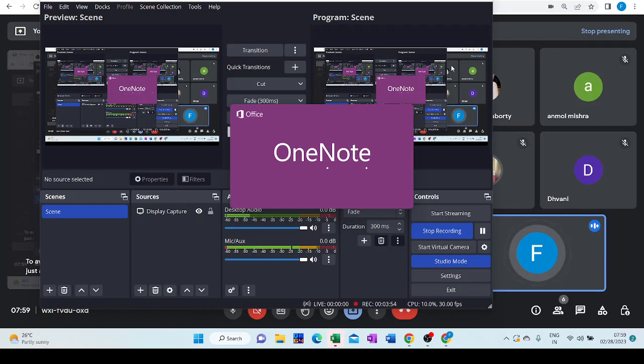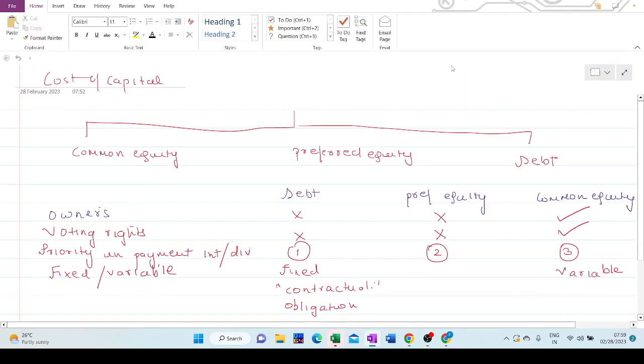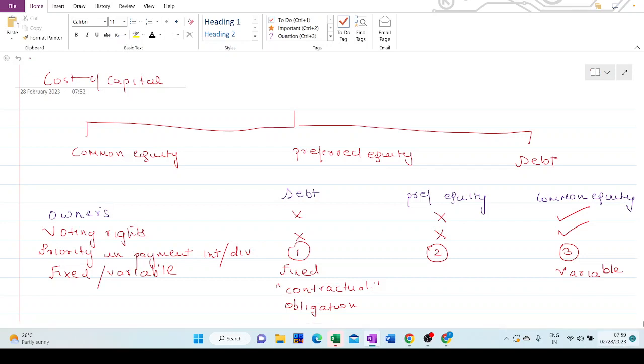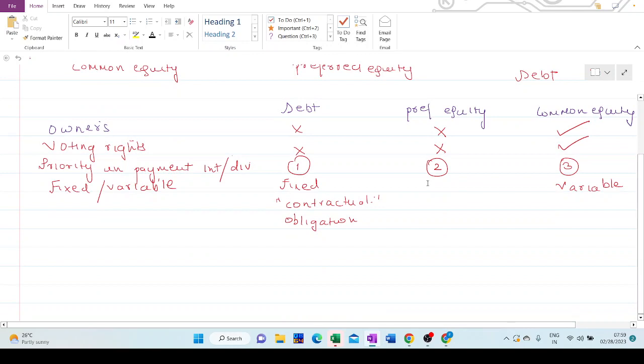Pref dividends are a fixed percentage of the par value of the preferred share. This is something that we have discussed.